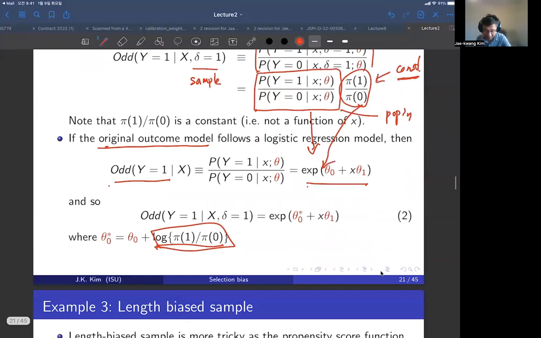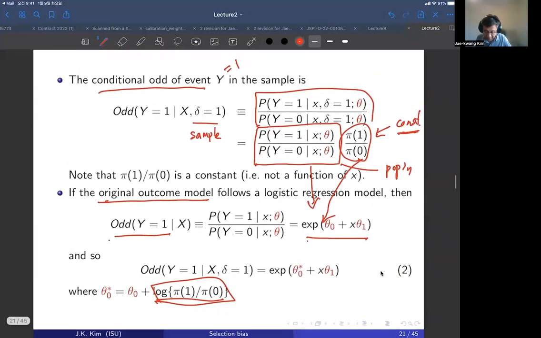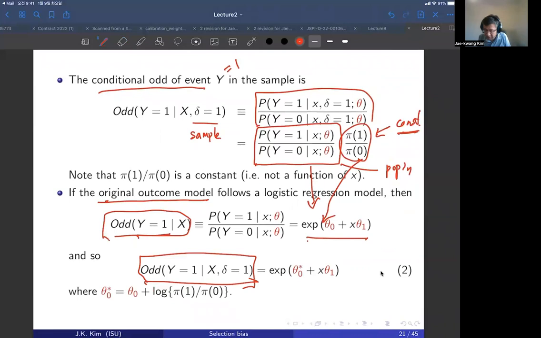So what's the message? The main message is that if you compare these two odds functions, one at the population level, the other at the sample level, you get the same slope. Even though sampling is biased, you have a biased sample, it doesn't have any effect on the slope part.